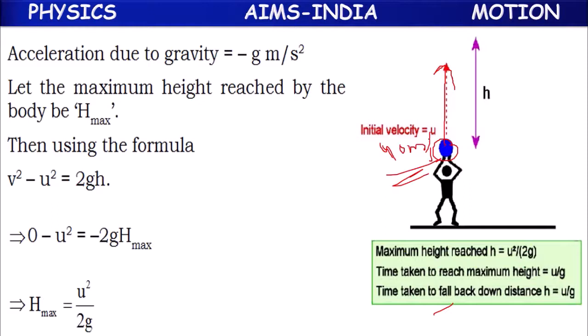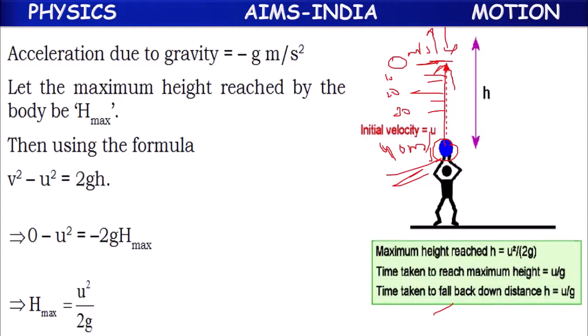But after some time, because of the gravitational force of the earth, its velocity will become 30, 20, 10, and finally 0. When the velocity becomes 0, it cannot fly up. From there it starts coming down, falling down.